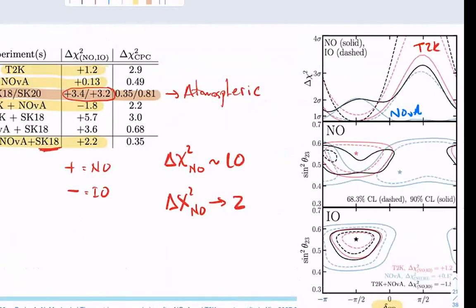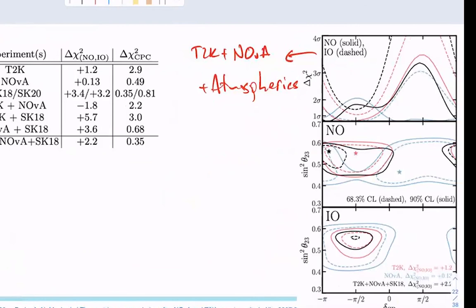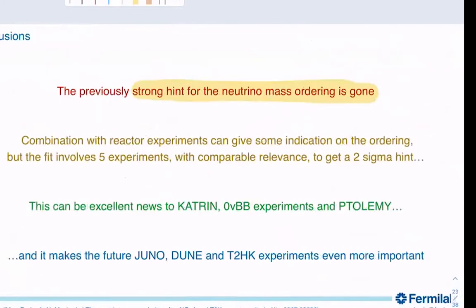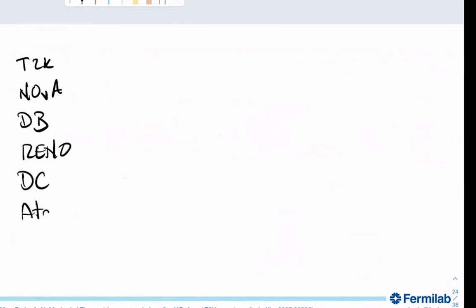There is also one important thing to say: the global fits do not involve only these experiments, which are the obvious candidates for measuring CP violation. The global fits have T2K, NOVA, Daya Bay, Reno, Double Chooz, and atmospherics.